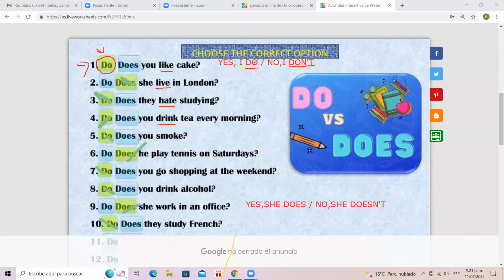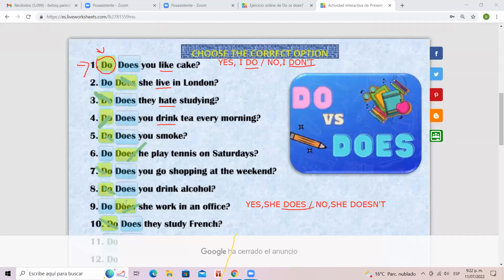Short answers. We have affirmative and negative according to the auxiliary. For example, in this case, we use do, okay? And in this case, I use does. I can't say, no, that she works in an office and answer, yes, she do, or no, she don't. No, impossible, okay? So you have to answer like this, according to the auxiliary, okay?